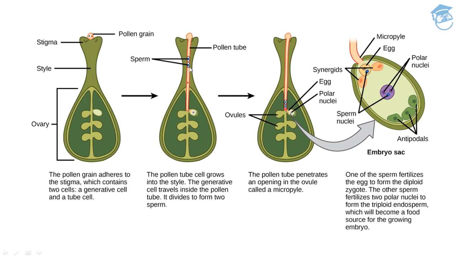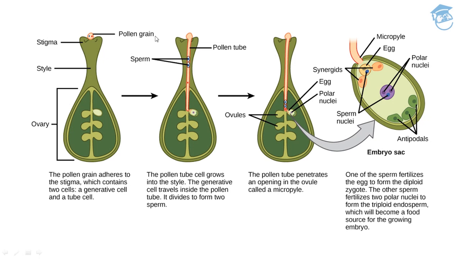One sperm fuses with this egg and forms the zygote, and another sperm goes and fuses here, and thus it forms endosperm, which provides nutrients to the developing embryo to carry out metabolic activities. And these antipodal cells just degenerate in later stages.